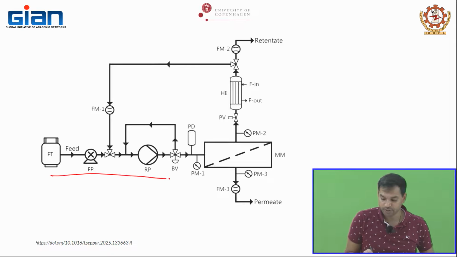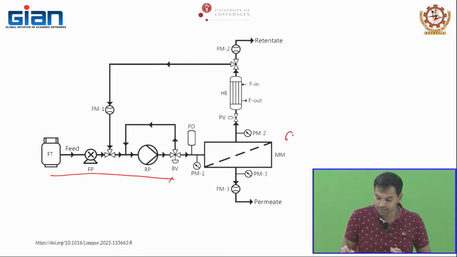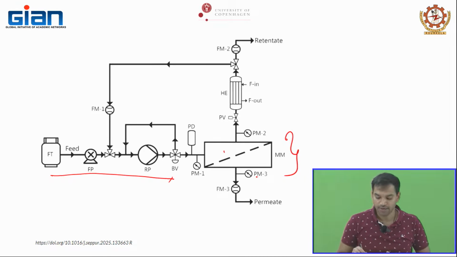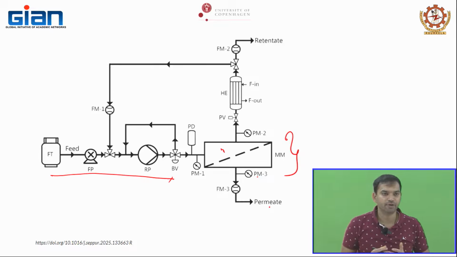This is how the filtration system looks, just to give an idea. The feed is continuously coming, I will not explain all these things, I am not a mechanical engineer, and this is the membrane. Here you get the fractions retentate and permeate. Am I clear? There is also something called diafiltration, have you heard about it?